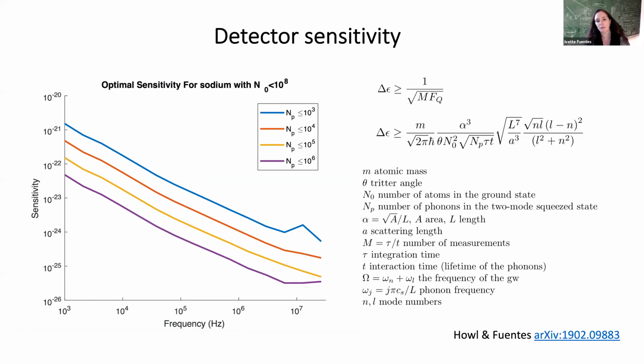So when we first start writing the formula, we have it in terms of the scattering length, and it's just because we start rewriting things in terms of the parameters that we can manipulate in the lab, the ones we have at hand, and it's a bit like how things combine.